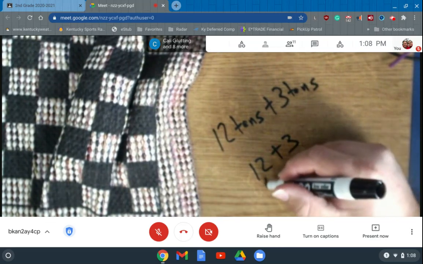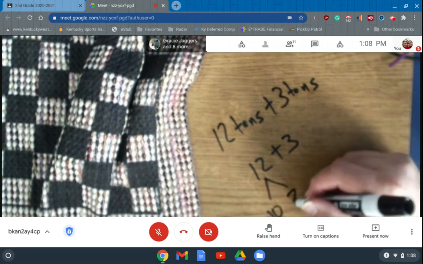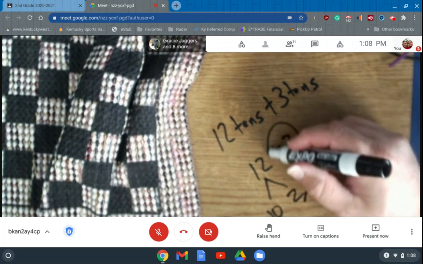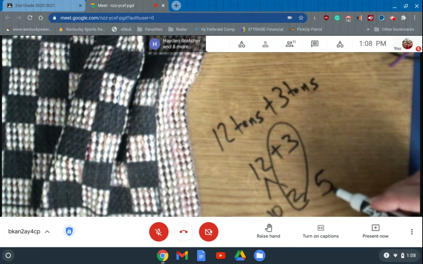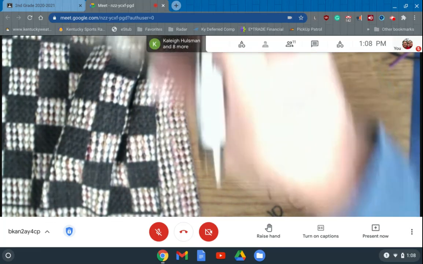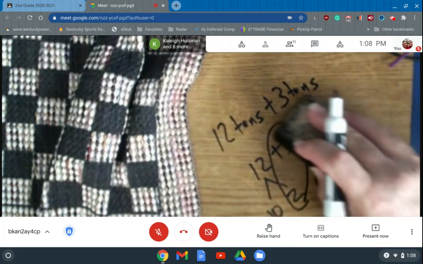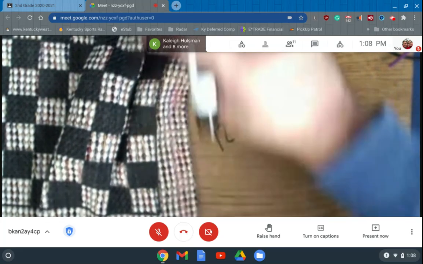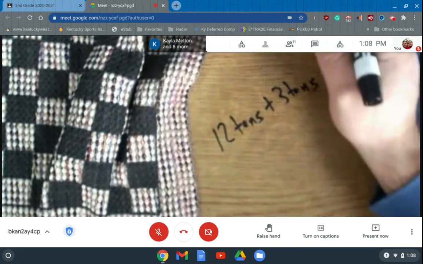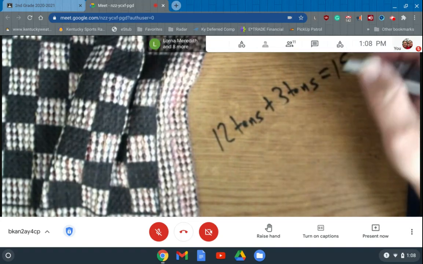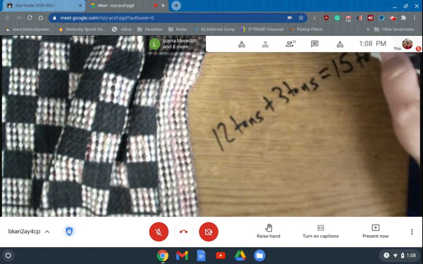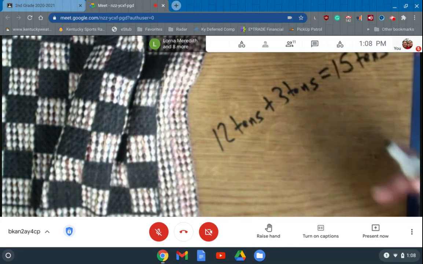We could break this 12 into a 10 and a 2, and we could say that this 3 and 2, that's 5, and 10 and 5 makes 15. Okay? That's one way to do it. Another way to do it is to just know that 12 and 3 is 15. So it's 15, and these are 10, so this must be 10s. All right?